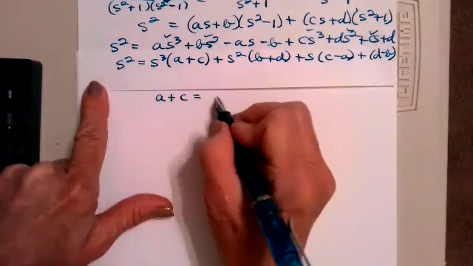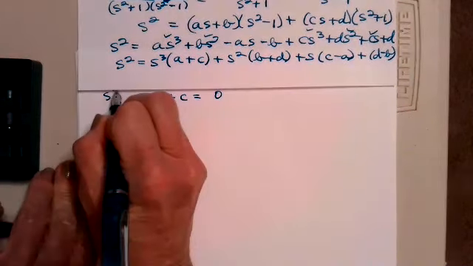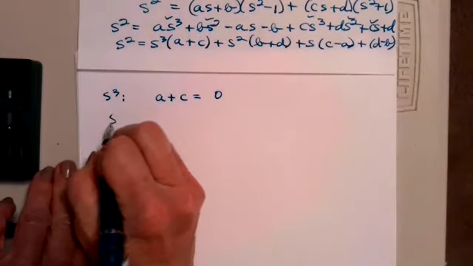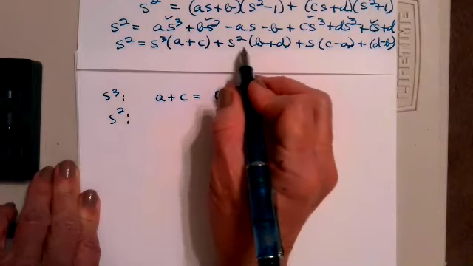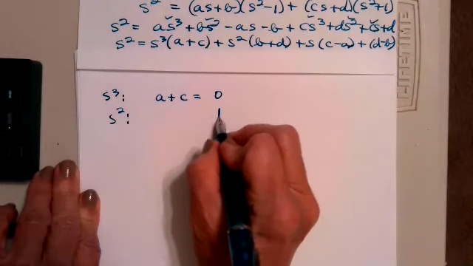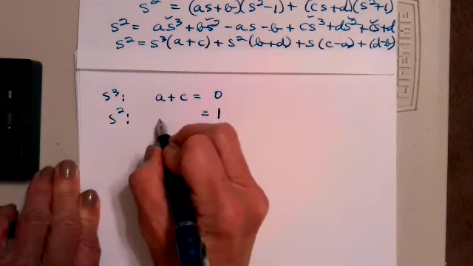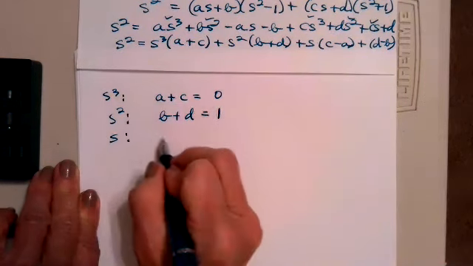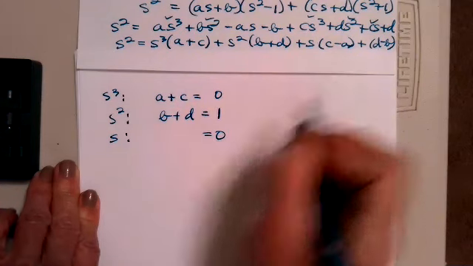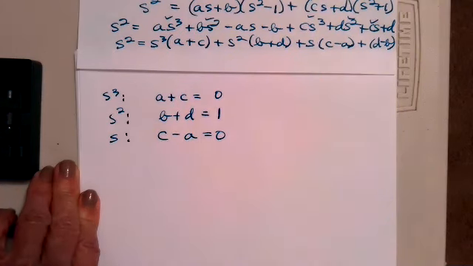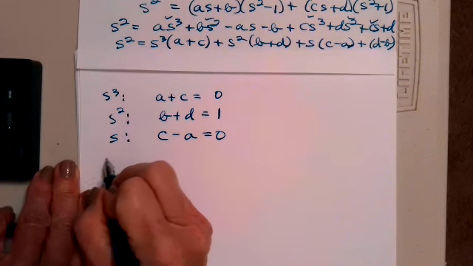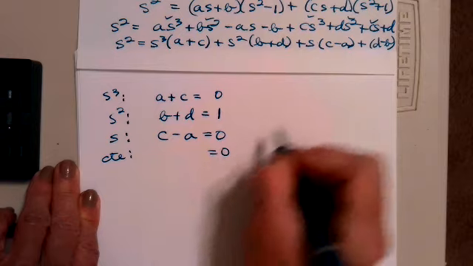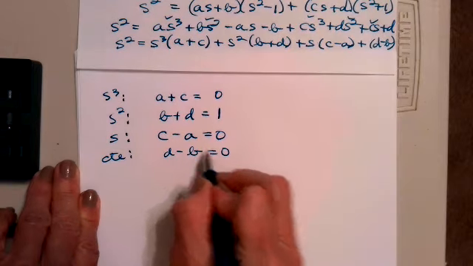From the s squared terms, on the left, the coefficient is 1, but on the right, the coefficient is b plus d. From the s terms, on the left, the coefficient is 0. On the right, it is c minus a. And the constant terms, on the left, it's 0, and on the right, it's d minus b.